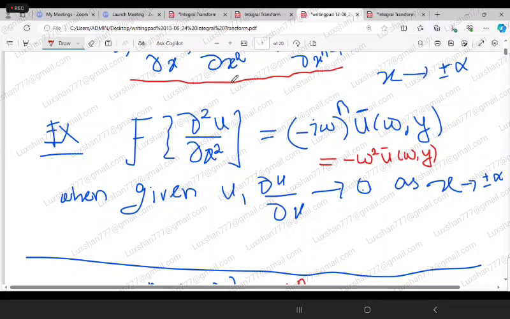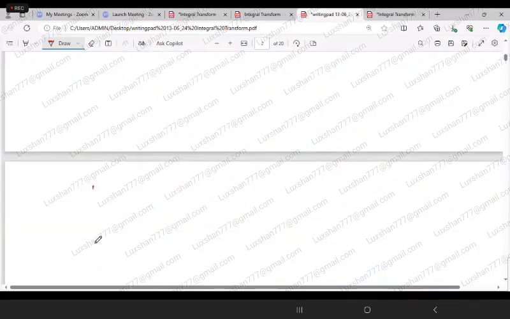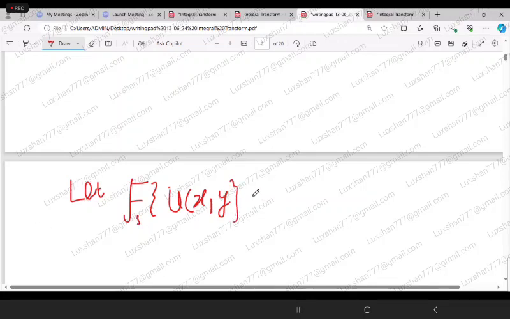Now, what about the Fourier sine transform? Let the Fourier sine transform of the function u(x,y) equal ūs(ω,y).